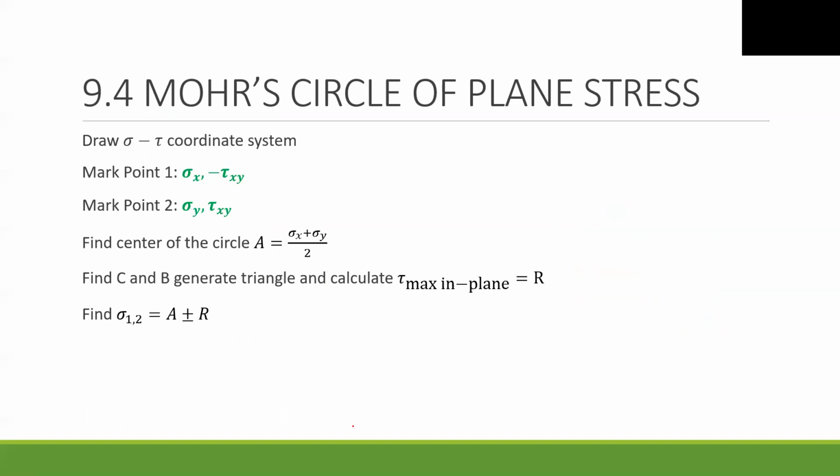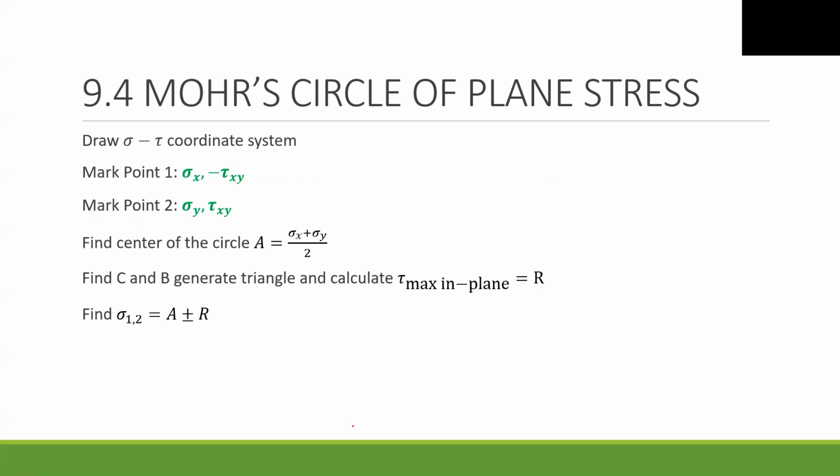First of all, I want to write pseudo code for how we can find the two values sigma 1 and sigma 2, the maximum values, by using Mohr's circle. First, we draw a sigma-tau coordinate system. Sigma represents the x direction, tau represents the y direction.